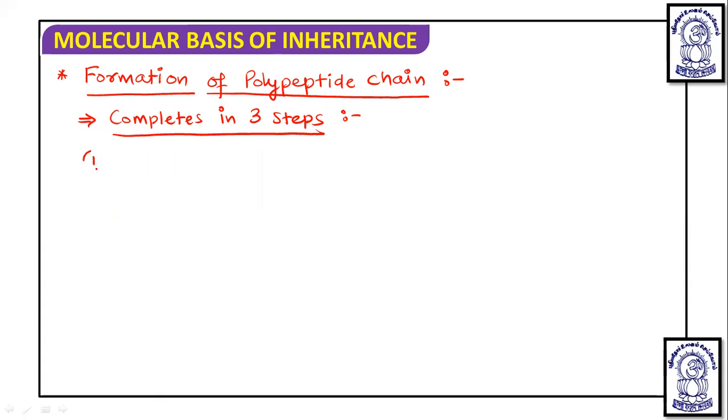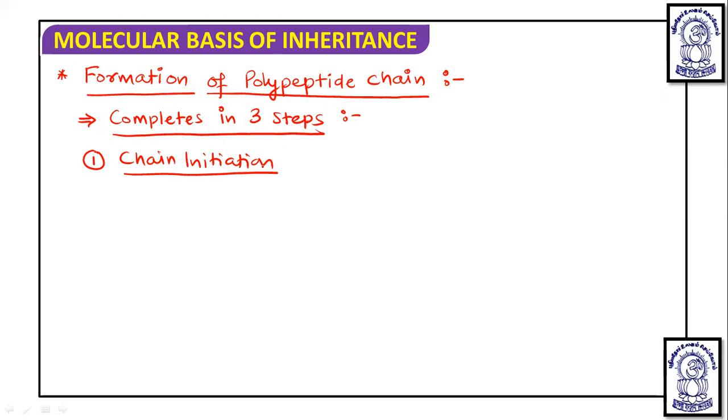First is chain initiation. If you want to form a polypeptide chain, first the polypeptide chain formation initiates, and this is known as chain initiation.